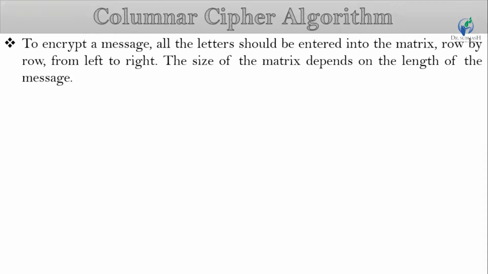Now, to encrypt the message, all the letters should be entered into the matrix, row by row, from left to right. The size of the matrix depends on the length of the message. The only known dimension is width, which is determined by the length of the secret keyword.